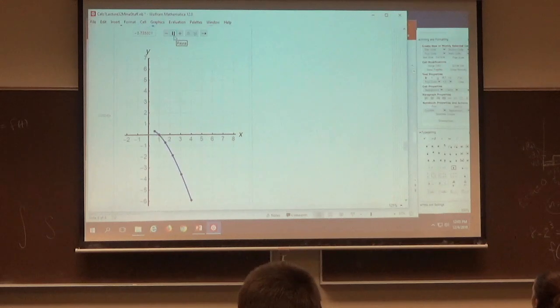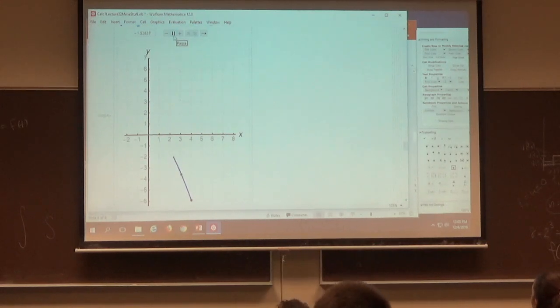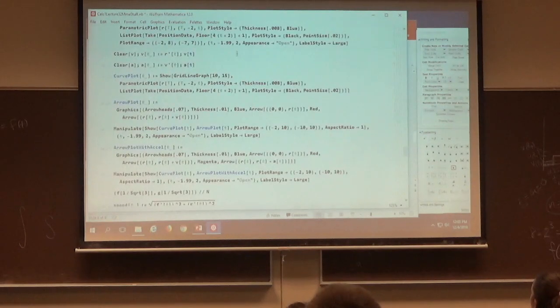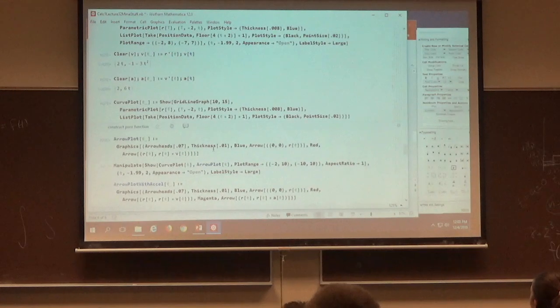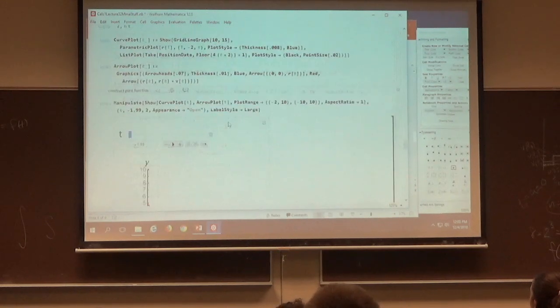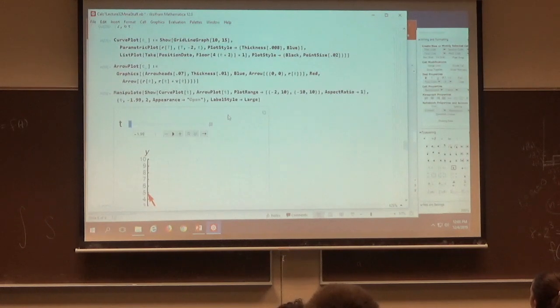It goes fast at first, slows down, then speeds up. I can also introduce some vectors into the picture.